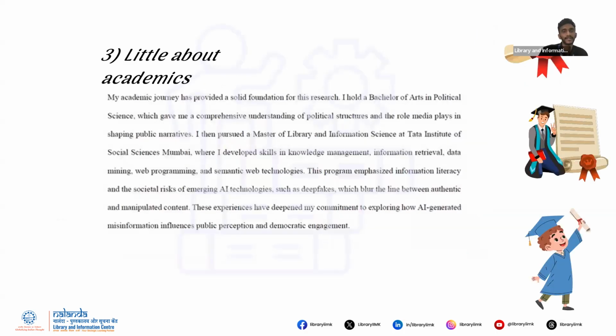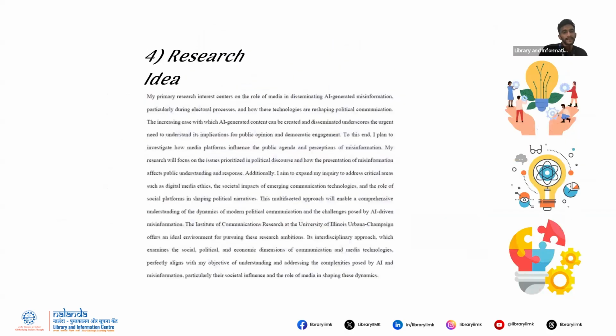So next one is your background, academic background, your achievements and all. Then within 100 to 150 words, you can describe what you are really planning to do, what really made you interested in that research.